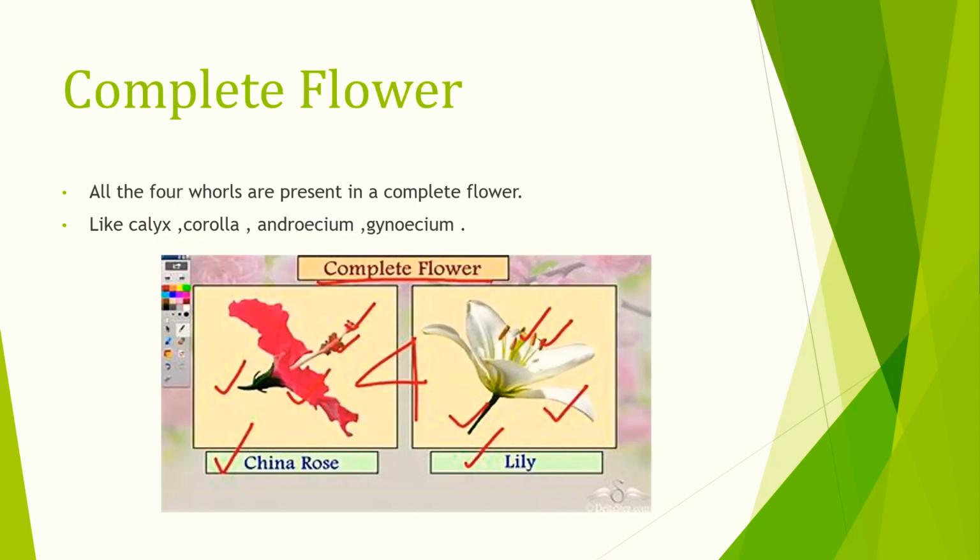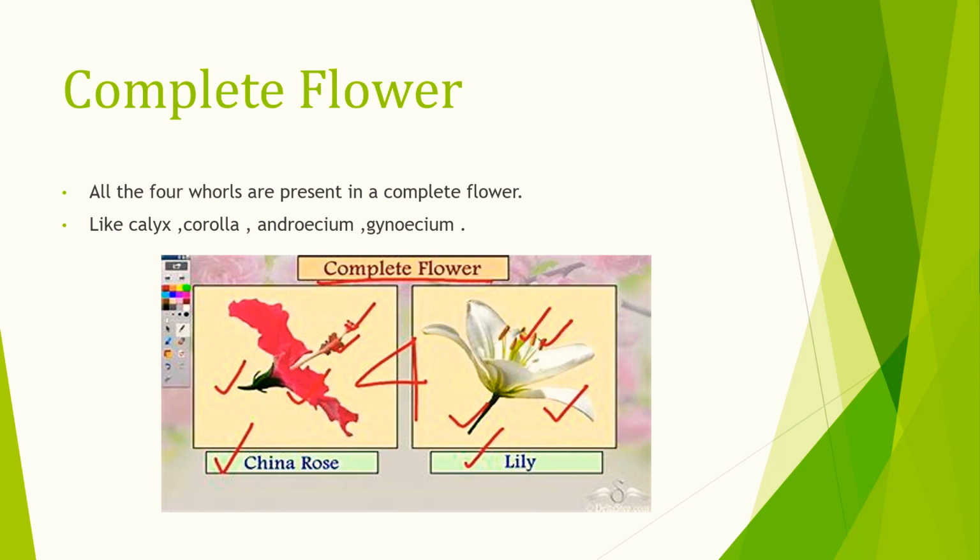Now we will study about the flowers, complete flower and the incomplete flower. Based on the whorls present in a flower, they are categorized as complete and incomplete flower. If all the four whorls are present in a flower, like calyx, corolla, androecium and the gynoecium, the flower is a complete flower.